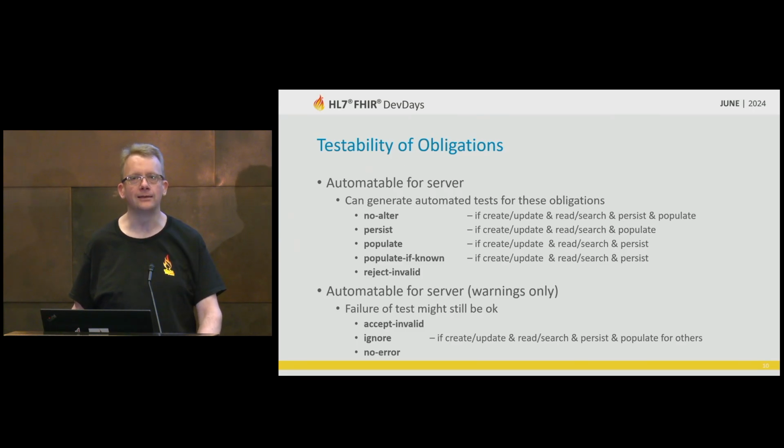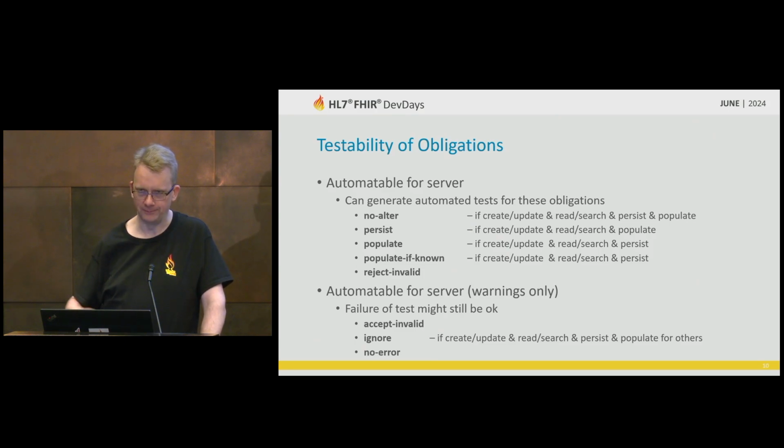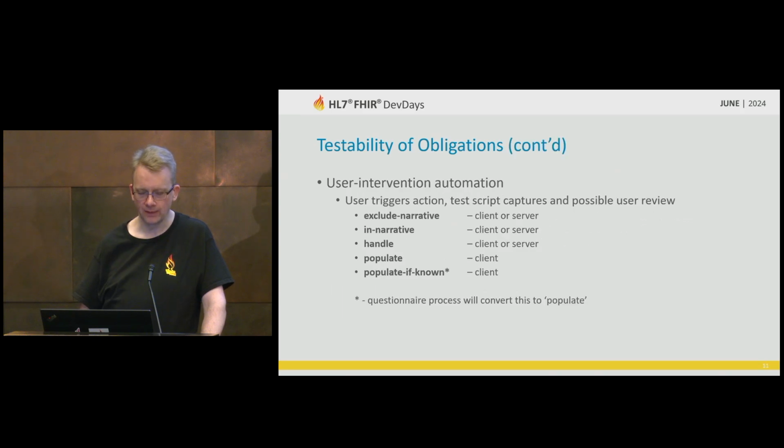If you try sending an MS Word document and call it JSON, you're probably going to get an error, and the accept invalid wasn't necessarily intended to apply in that circumstance. And exactly how rigorous accept invalid is going to vary somewhat. Or you shall ignore, that's also somewhat harder to test, but there are some things that we can do in the testing process to test at least this somewhat.